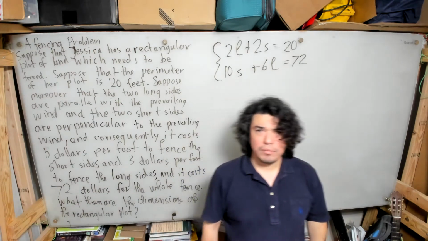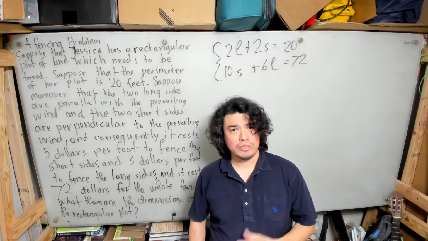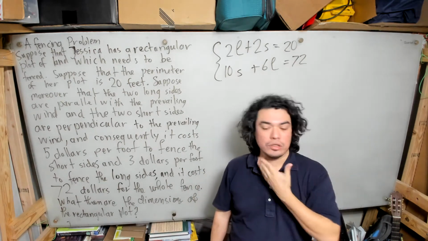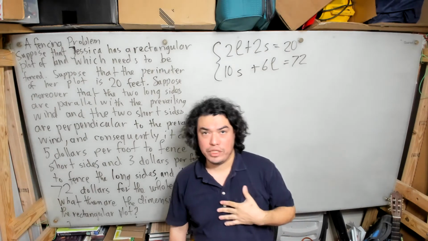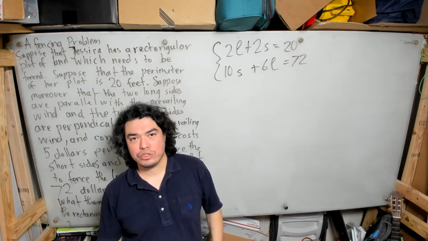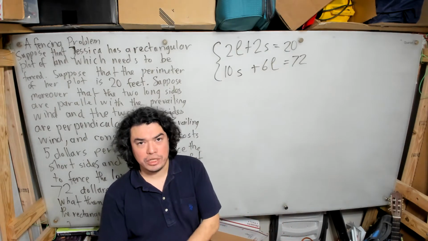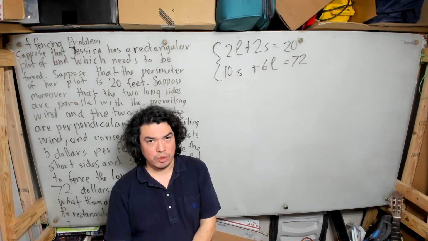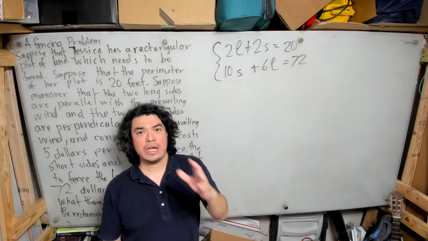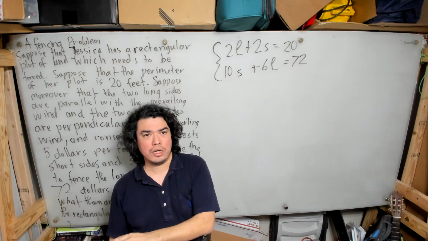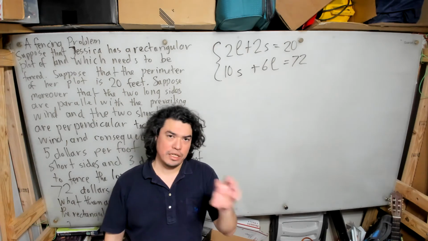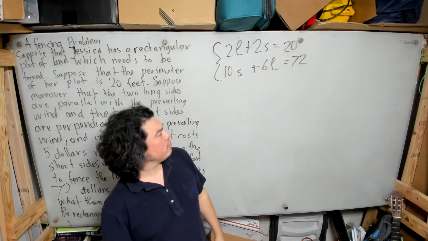The first technique I'm going to use is the substitution technique to solve this system. And then afterwards, I'll show you what is called Gaussian elimination to solve the system. So I'm going to solve it once first, and then I'm going to solve it again, so that you can see these two techniques being used on this system.